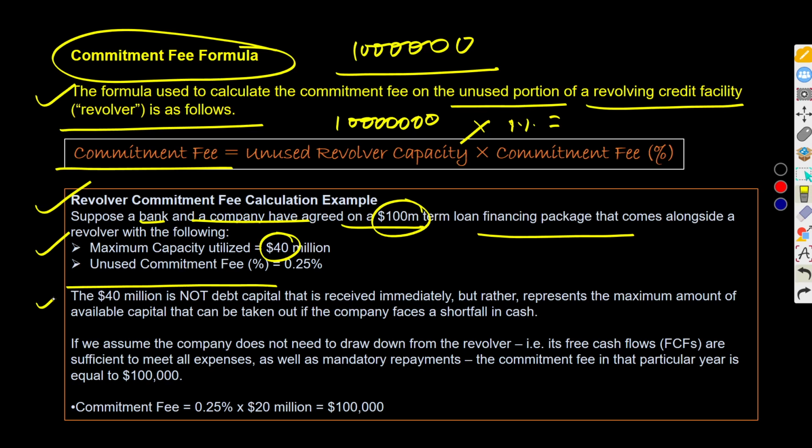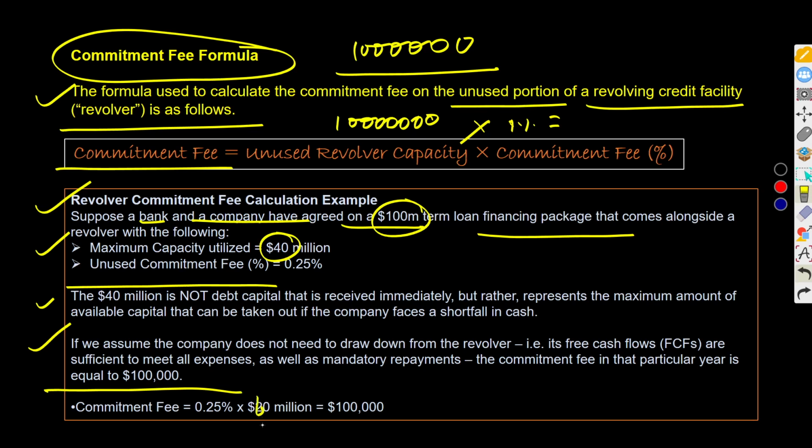if the company faces a shortfall in cash. If we assume the company does not need to draw down from the revolver and its free cash flow is sufficient to meet all expenses as well as mandatory repayment, then the commitment fee in that particular year equals 1 lakh. How can you calculate it?